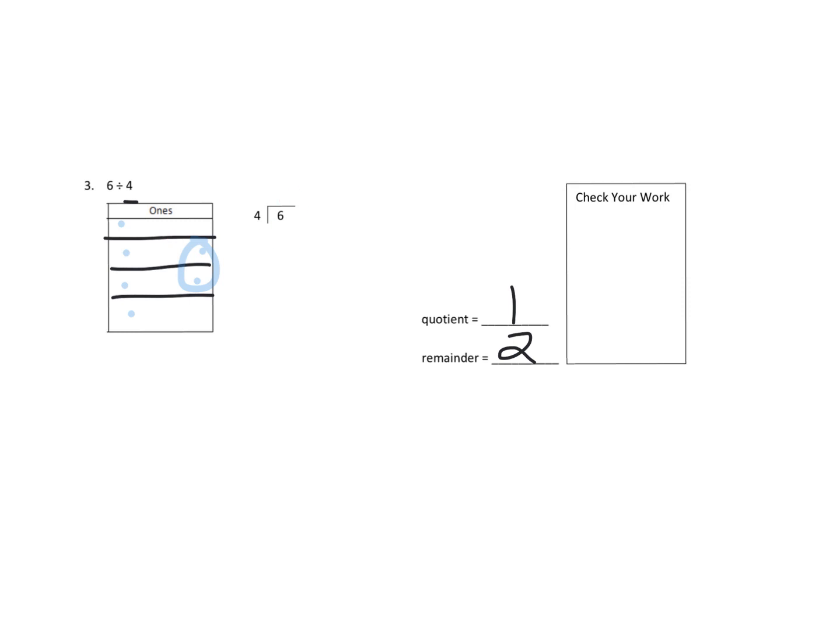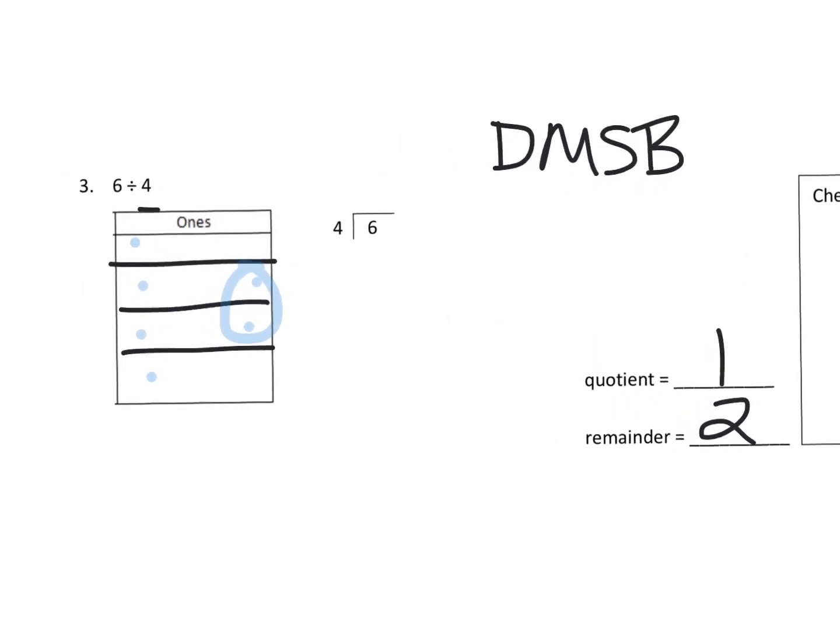Now we're going to work on the standard algorithm, or parent's way, DMSB. And we're going to start with that division step. Can 4 go into 6? And it can 1 time. You're going to turn right around and multiply. That 1 times 4 is 4.